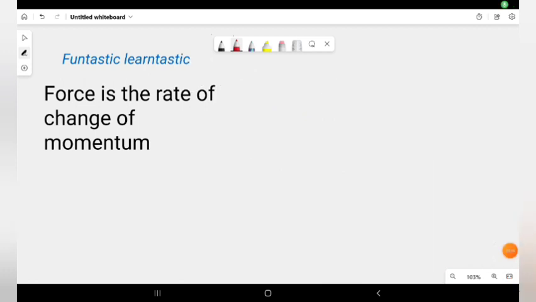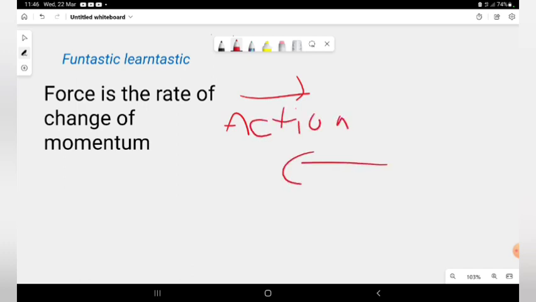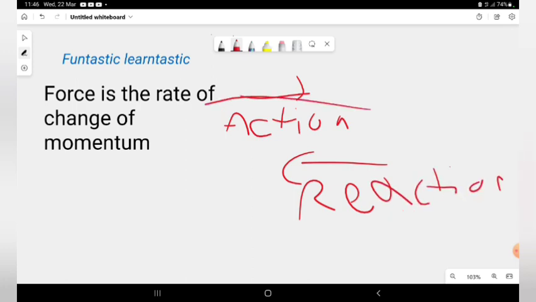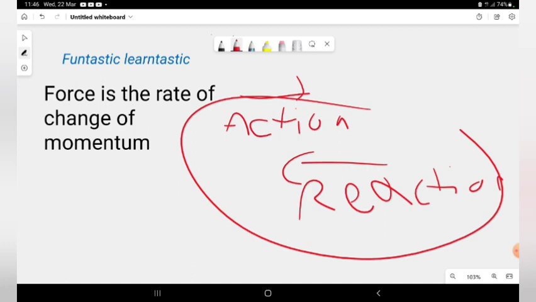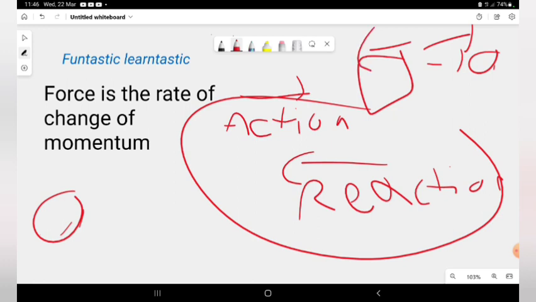So what does the third law say? The third law says that for every particular action there is an equal and opposite reaction on two distinct bodies, right? Not like if a horse is pulling a cart, then the horse is pulling the cart and so the cart will pull the horse with the same reaction.